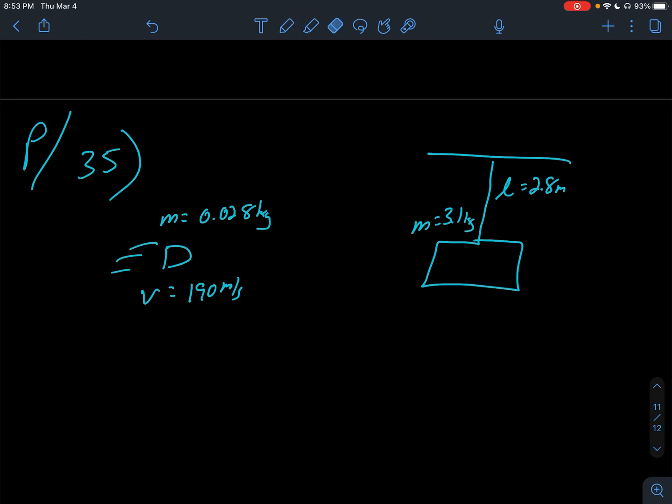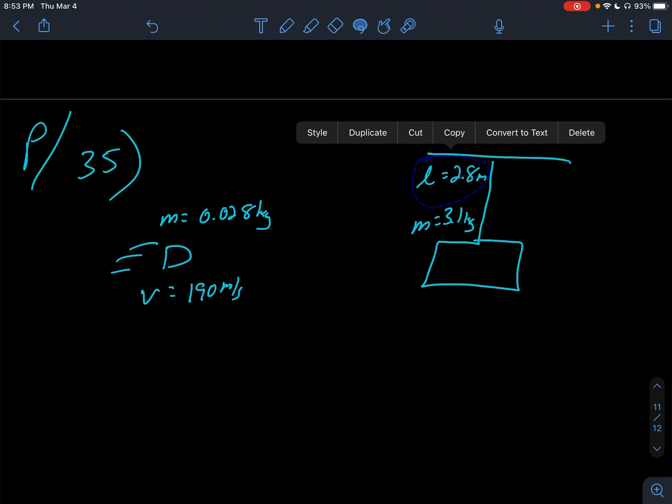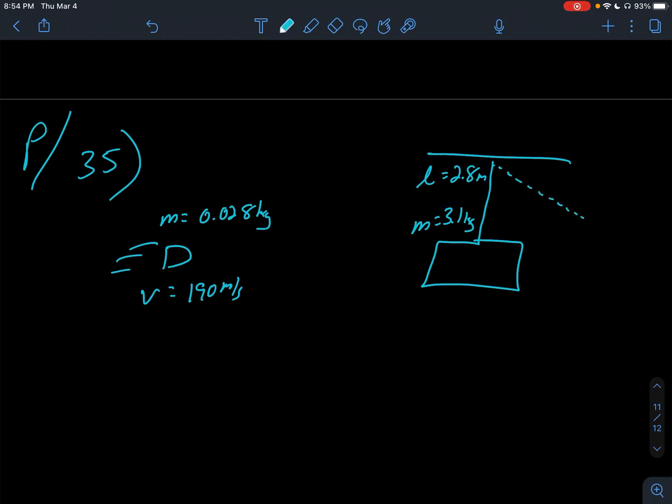And I'm going to move that out of the way. And once the bullet embeds itself into the block of wood, right, it's not going to go all the way through. It's going to swing up to some maximum height. And at that maximum height, the velocity is 0.